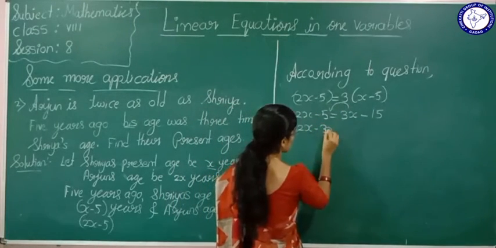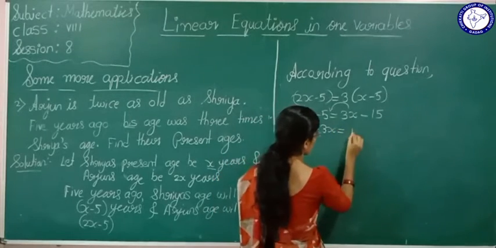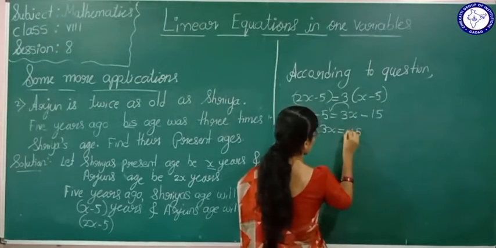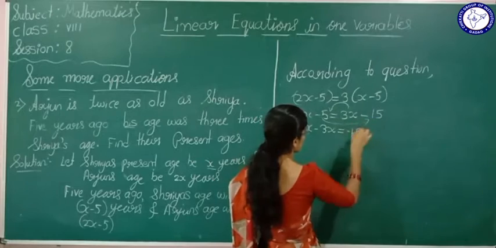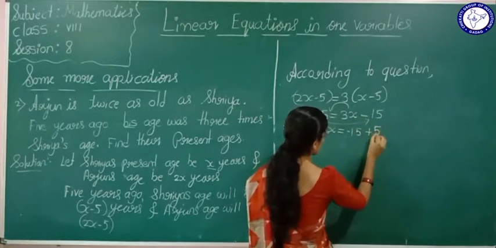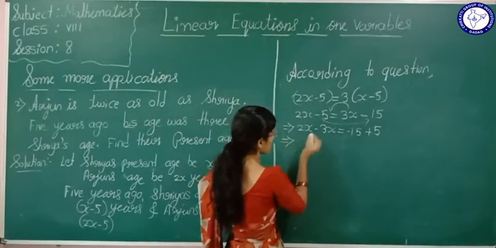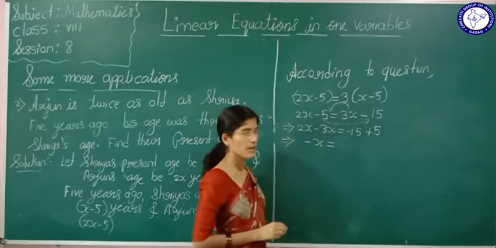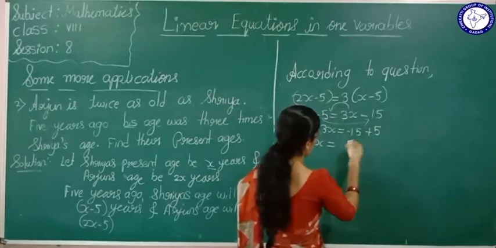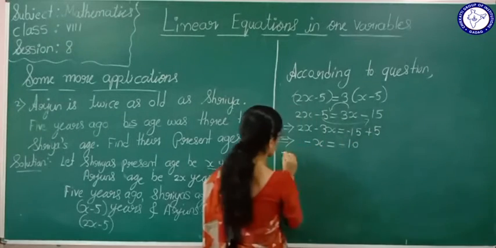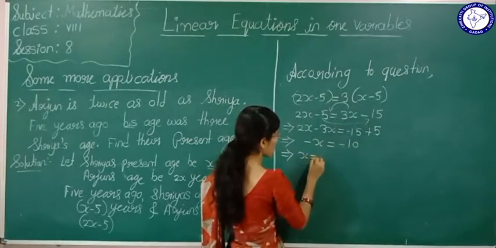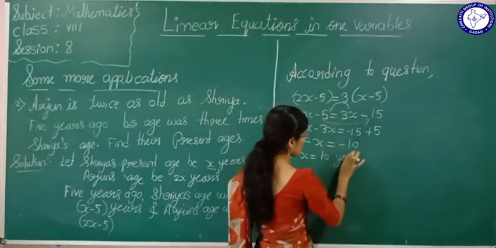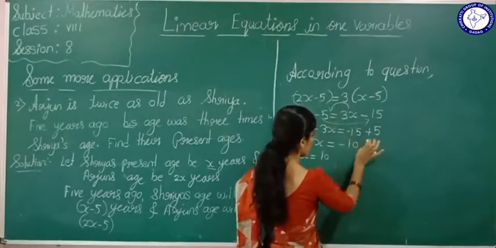It will be minus 3x is equal to minus 15, and transposing this term it becomes plus 5. So 2x minus 3x is minus x, and minus 15 plus 5 is minus 10. So x is equal to 10.